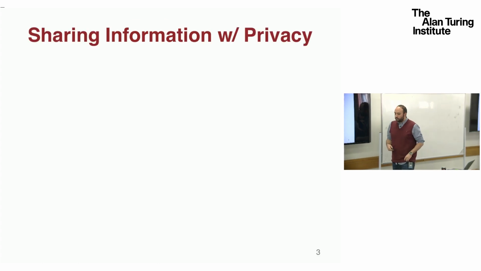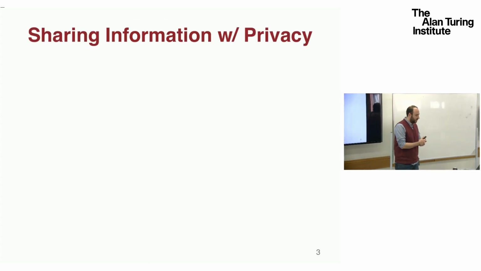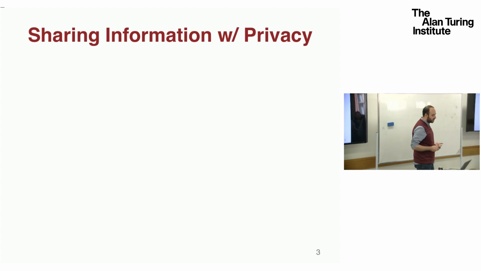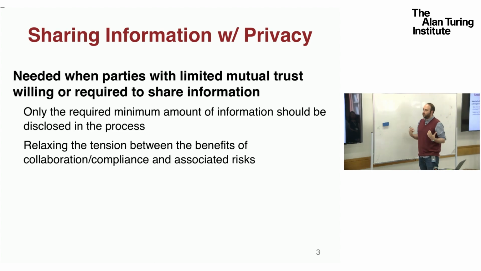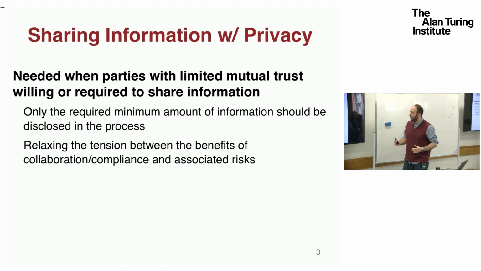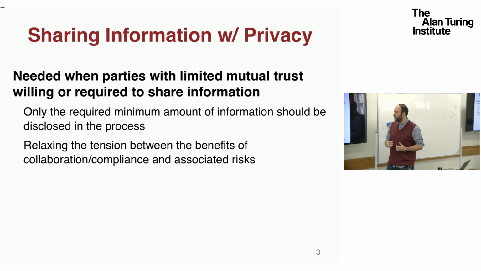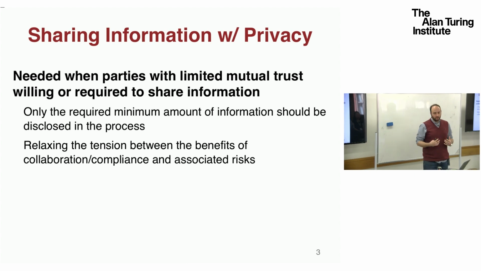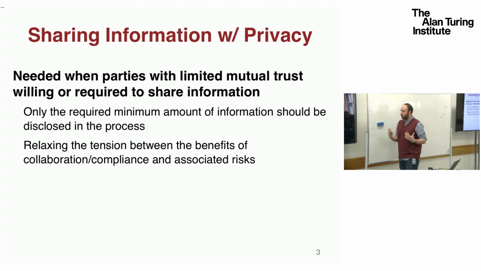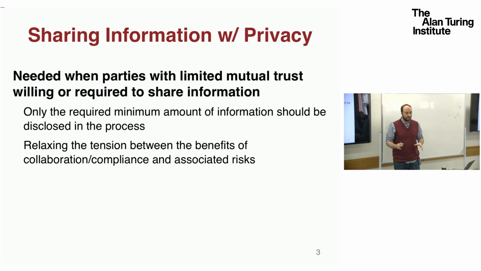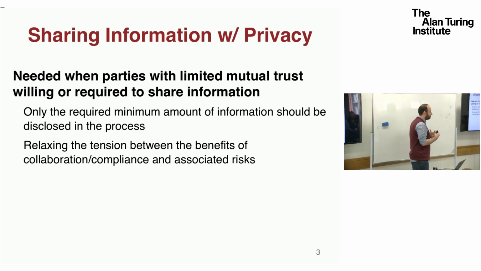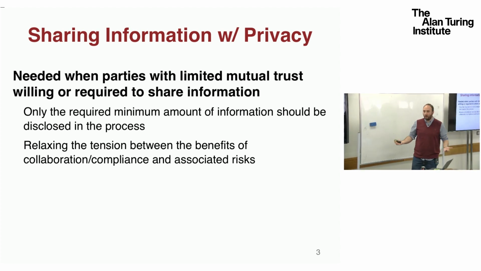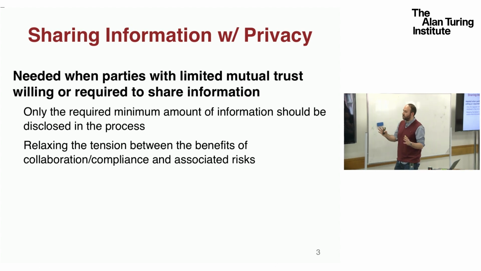Okay, so as the title of the talk says, we're going to talk about sharing information with privacy. And what does that mean? I'm not trying to define it very formally, but the idea is that, from an intuitive point of view, you have scenarios where parties, entities, don't really trust each other, but they're willing or required to share information with each other.